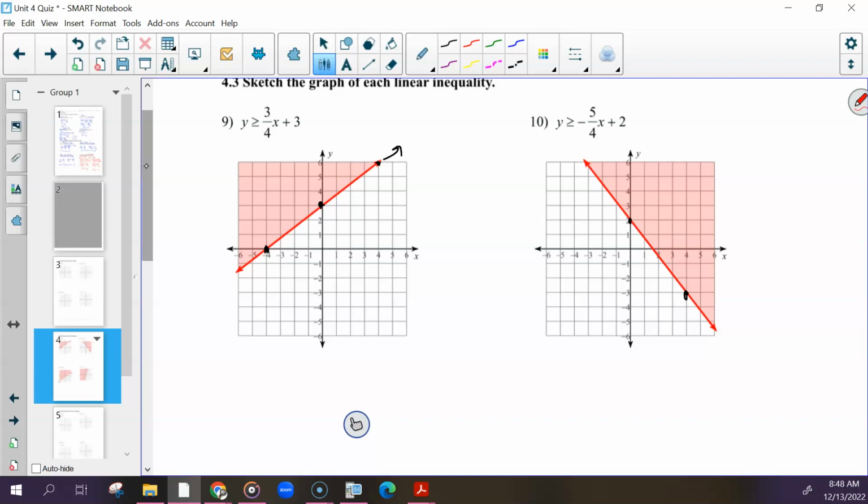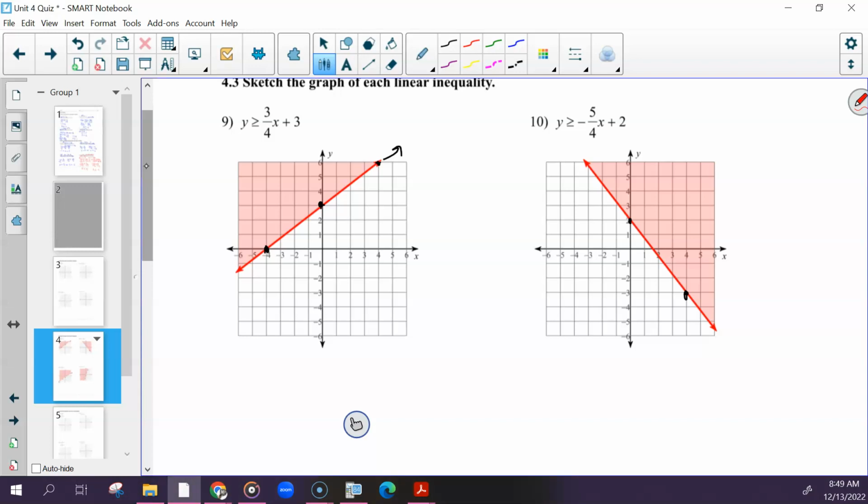These graphs were each worth 3 points. Did you graph the line correctly, like the slope and y-intercept? Did you graph the type of line correctly, solid versus dashed? And then did you shade in the correct direction? So if you did that, you got all 3 points. If you messed up your slope and y-intercept, which caused your shading to be off, then you got points taken off for that.